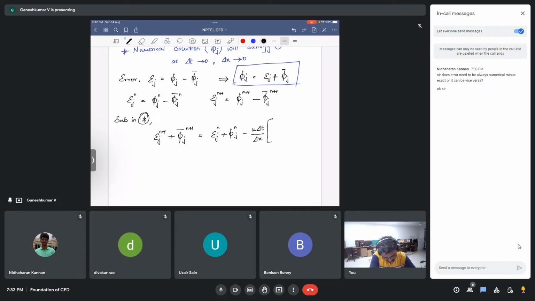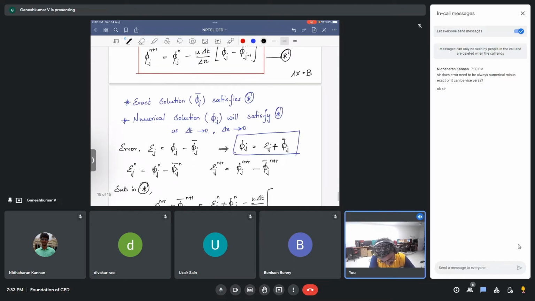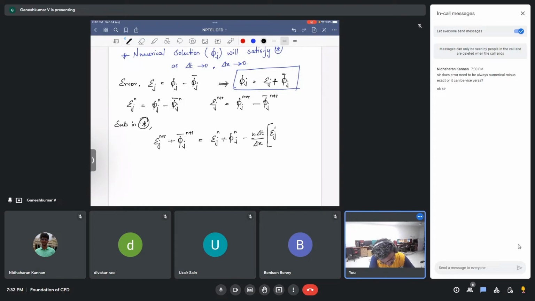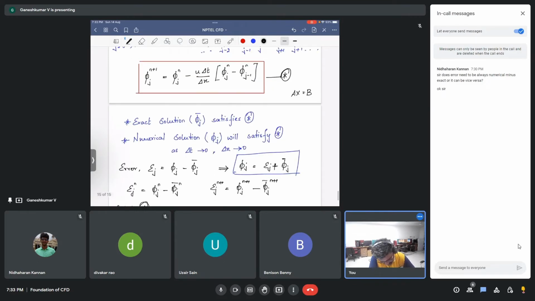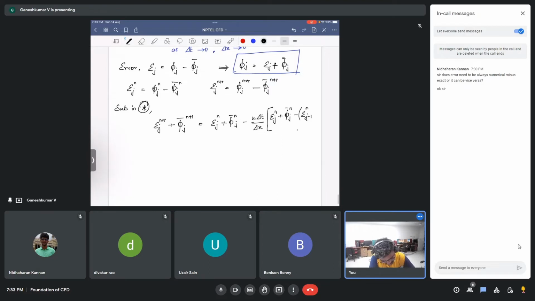Okay. So we will go ahead and substitute. So this is going to be epsilon j at n plus phi bar j at n, minus phi j minus 1 at n, so this would be epsilon j minus 1 at n plus phi bar j minus 1 at n.